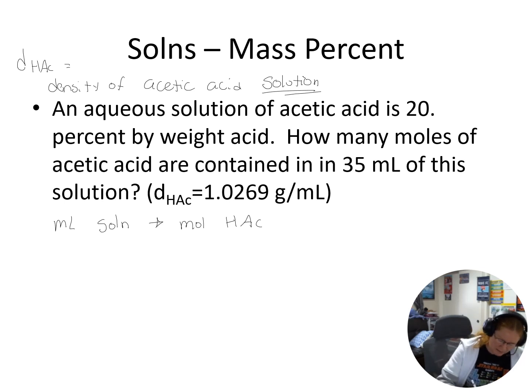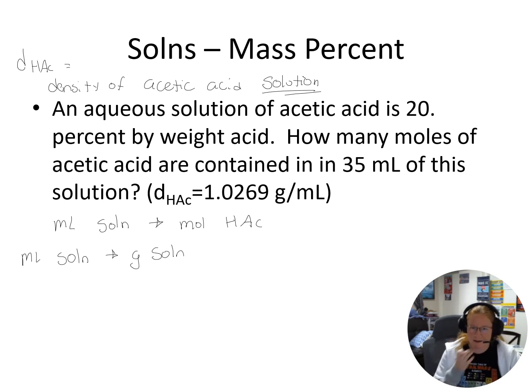So we start with milliliters of solution and get grams of solution. Now, with that percent, I can go from grams of solution to grams of just the acetic acid. And then how do we go from grams to moles? The molar mass. I can go to moles.